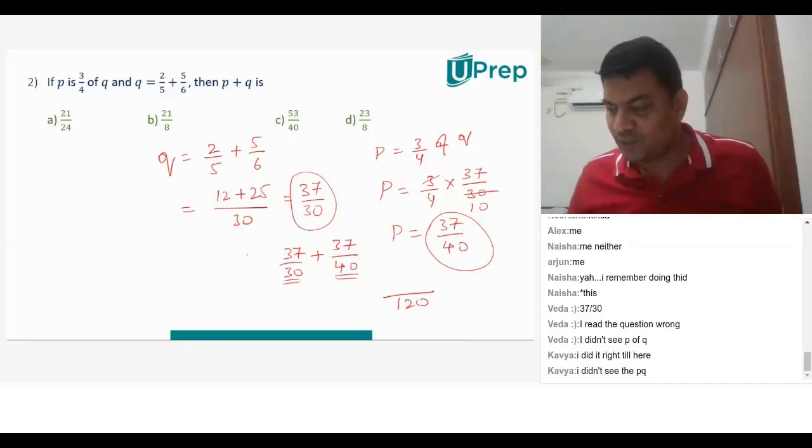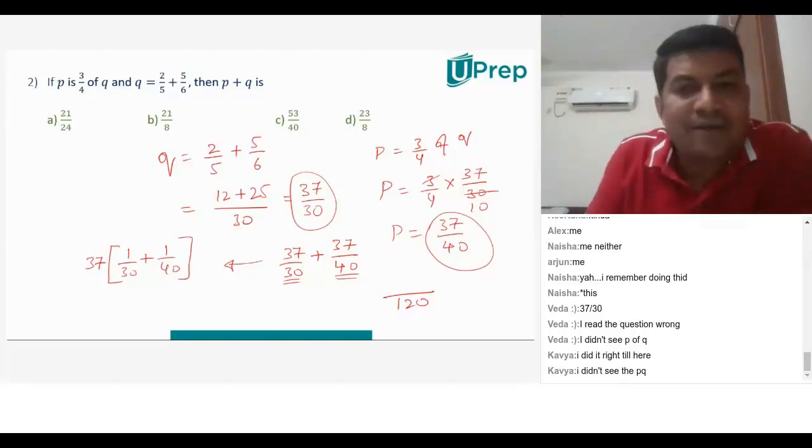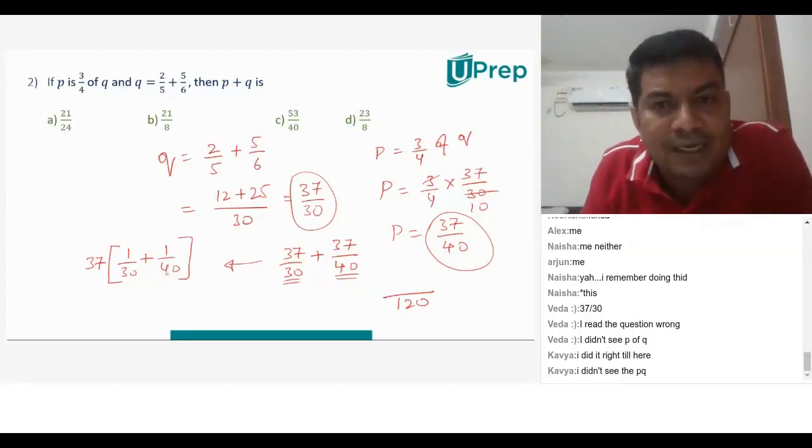There are two ways to do this. One way is you can take 37 common out. So if you take 37 common out, it is 1 by 30 plus 1 by 40. Can everyone see that? I've taken 37 common so that it becomes easier to calculate.